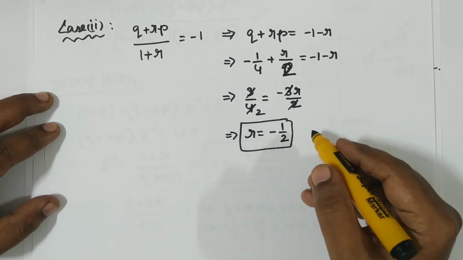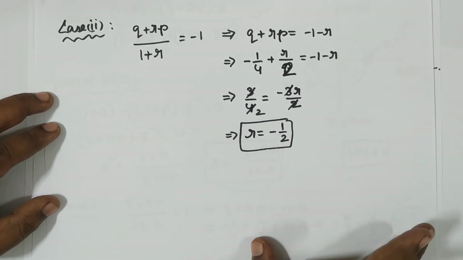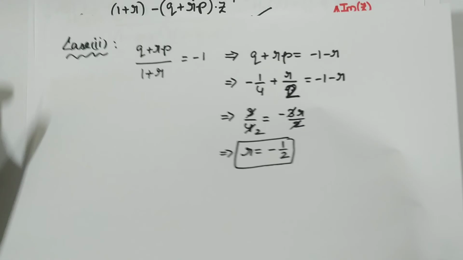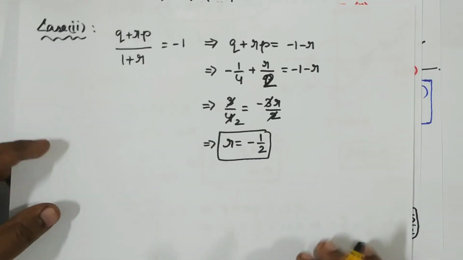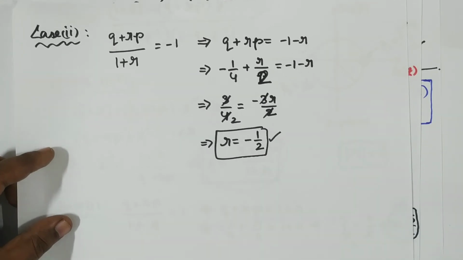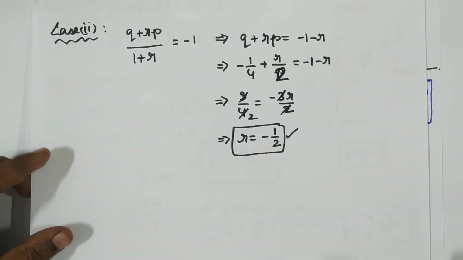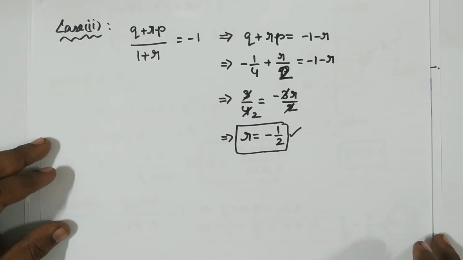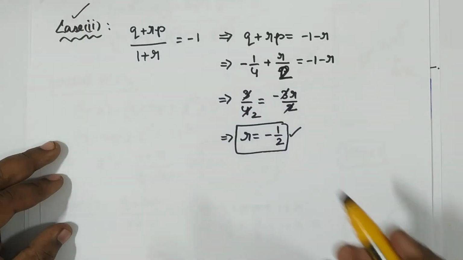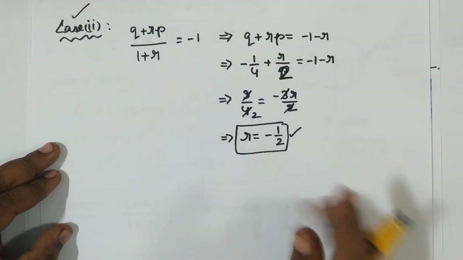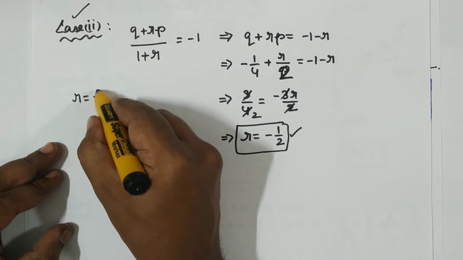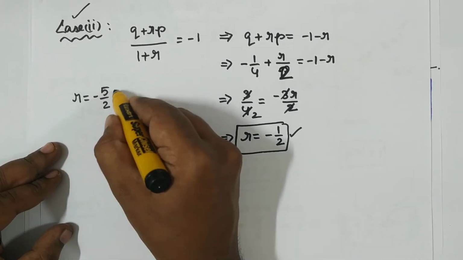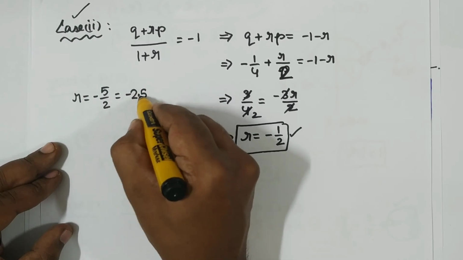Okay. So in case 1 we obtained r is negative 5 by 2 and in case 2 we have r is negative 1 by 2. So now which case do you think won the race? Without second thought we could say case 2 won the race. In case 1 we obtained r is negative 5 by 2, which is nothing but minus 2.5.